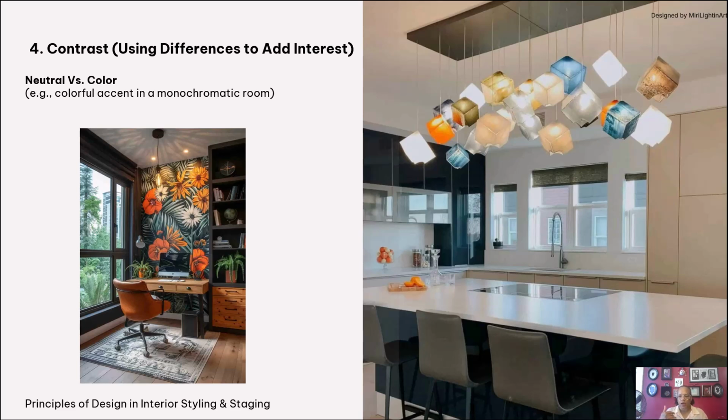So contrast, we've talked about in color in some of the previous slides. So this is neutrals versus color. And again, this room for the most part is pretty neutral, but then they put up this really bright, colorful wallpaper with a chair that pulls in that orange. And this really nice sort of subtle black and white kitchen. And for black and white, I feel like it's pretty soft tones.